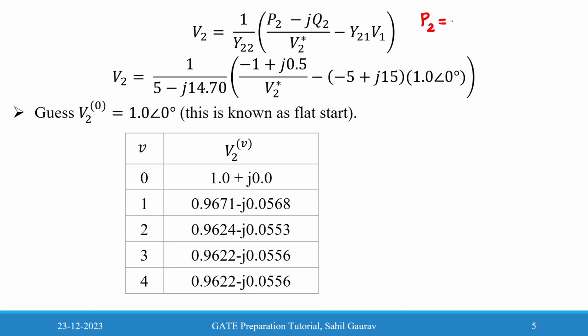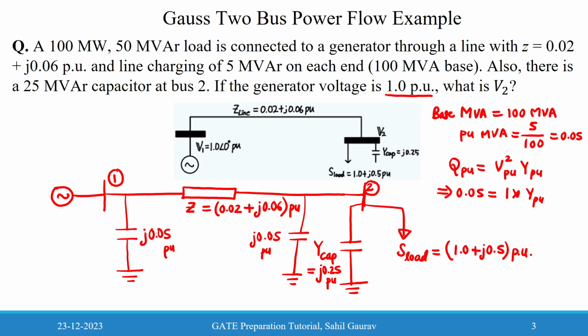We have taken P2 as minus 1 per unit and Q2 as minus 0.5. Supplying the reactive power? Yes, minus indicates supplying reactive power. Yeah, you are a little bit correct.